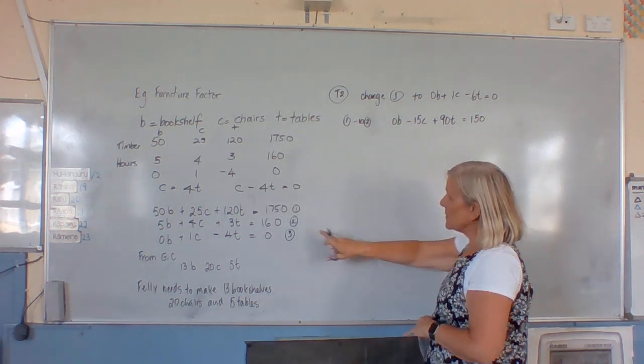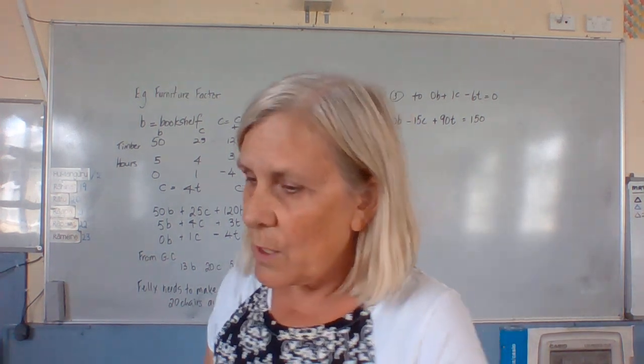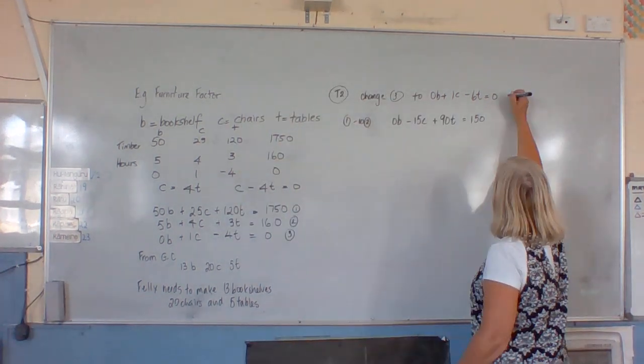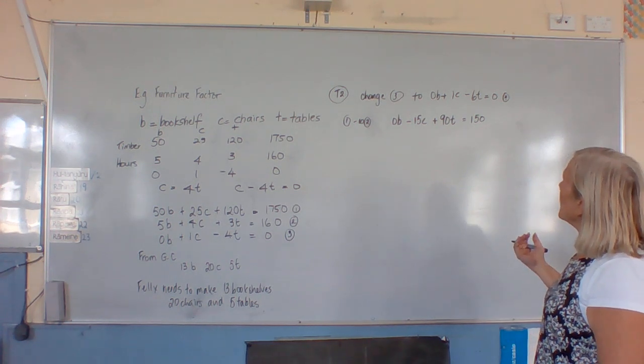All right, so 1 minus 1600. All right, so once I've got to there, I've now got 2 equations, calling this one now 4 because I've changed 3. Got these 2 equations.